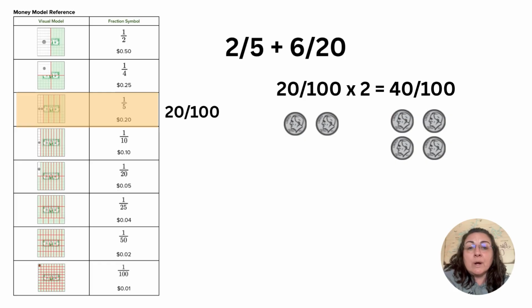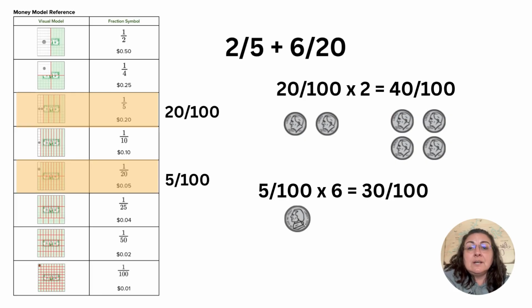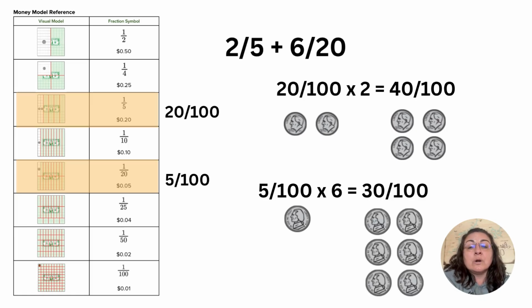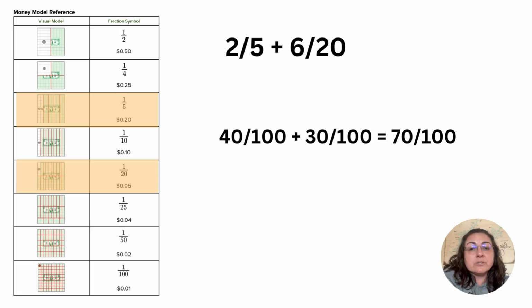Knowing that 1/20th is 5 100ths, then 6/20ths is 6 times as much, or 30 hundredths. I can now add my numerators. 40 plus 30 equals 70 hundredths. This is simplified down to 7/10ths.